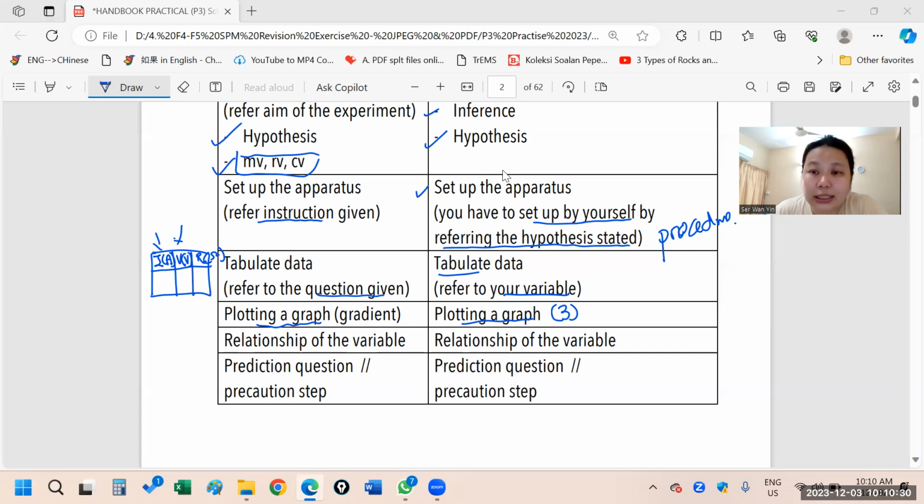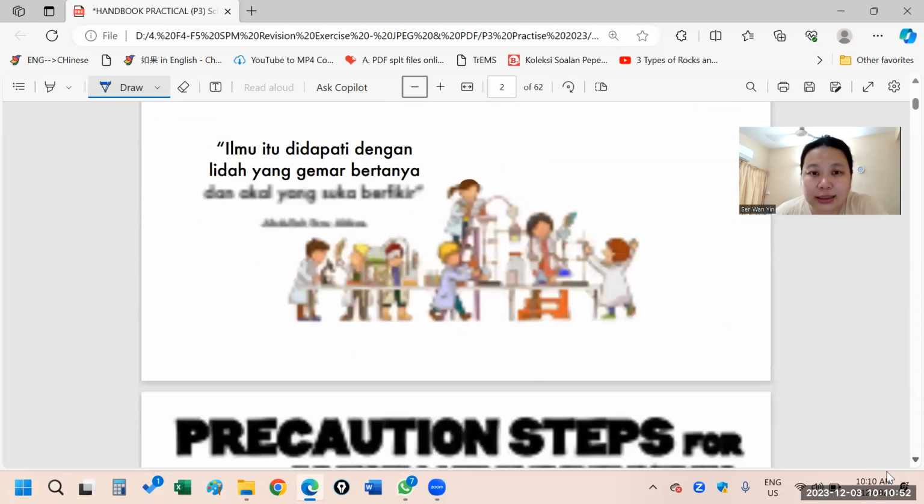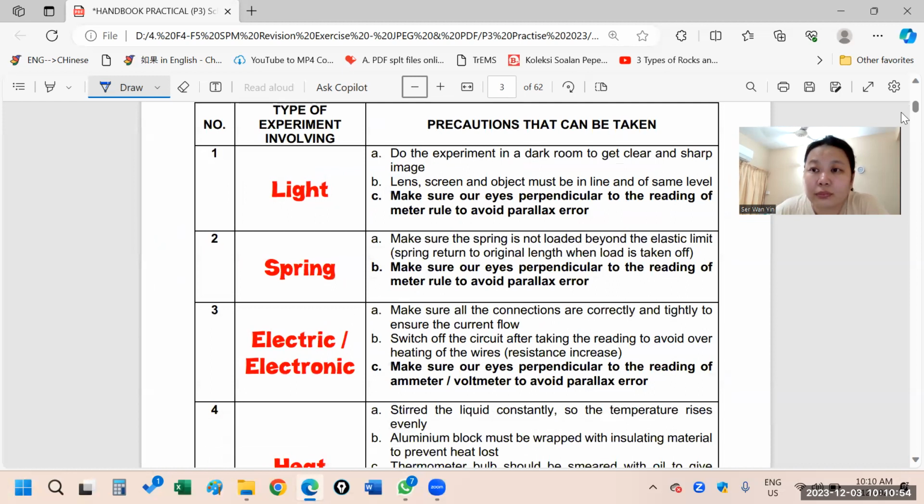Okay, so now the relationship of the variables from the graph. Then normally got prediction or precaution steps. Okay, so now let's look at it.